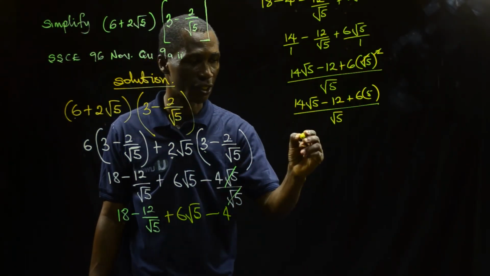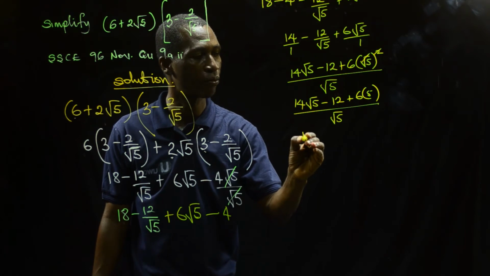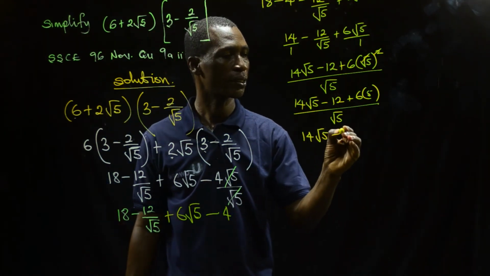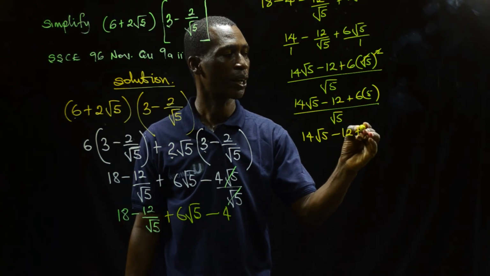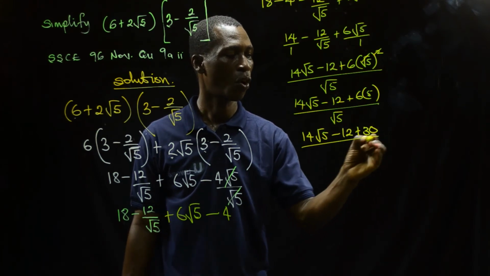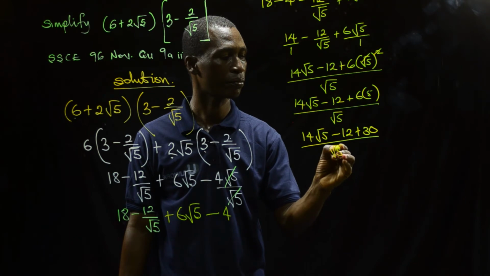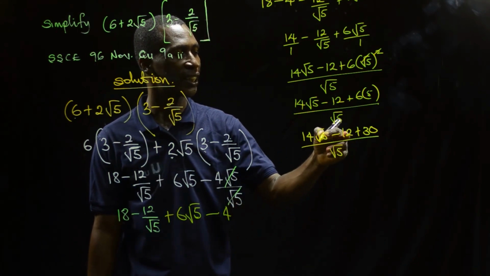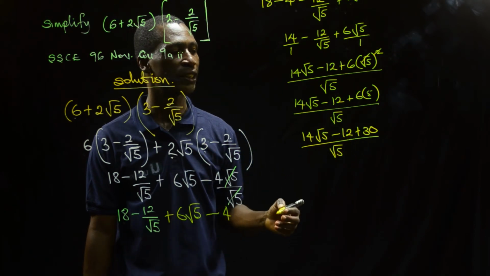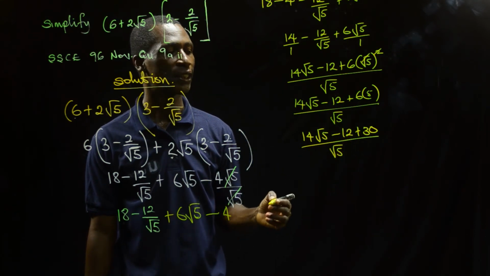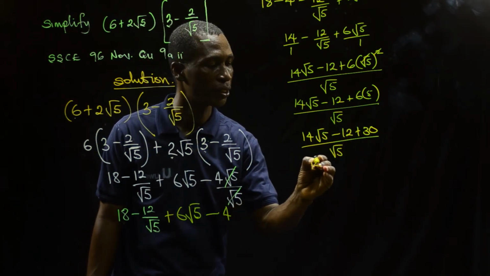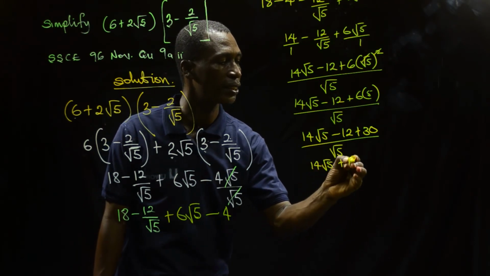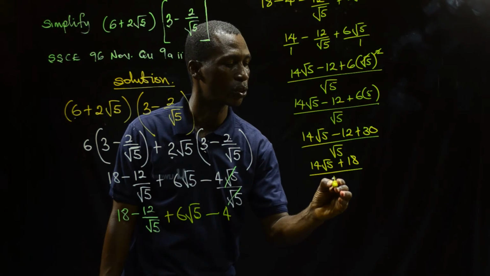I can't do anything here, so I'll come down here: 14 root 5 minus 12 plus 30, all over root 5. Good. At this point, I take 12 from 30 and I'll be left with 18. So I have 14 root 5 plus 18 all over root 5.